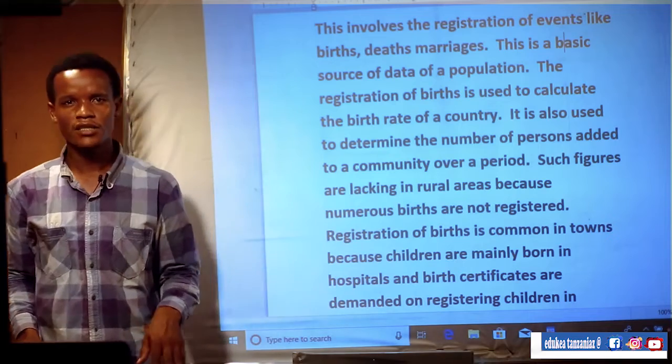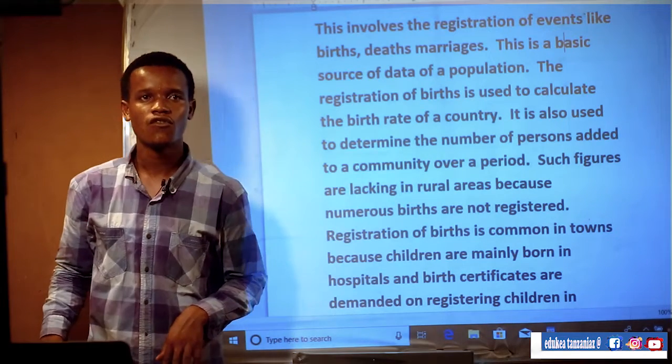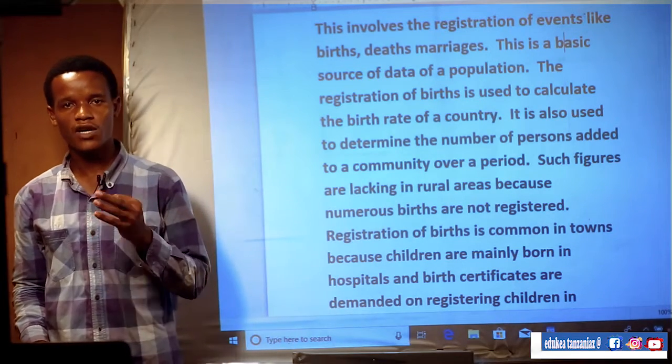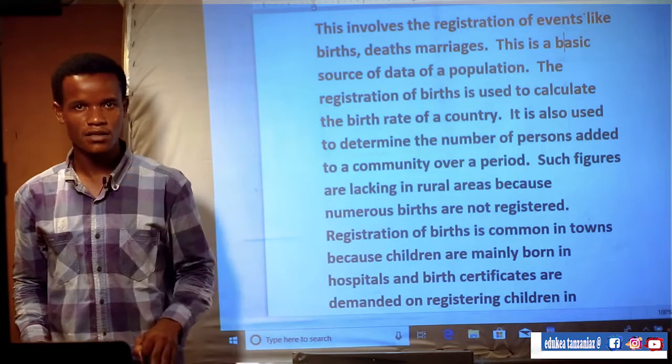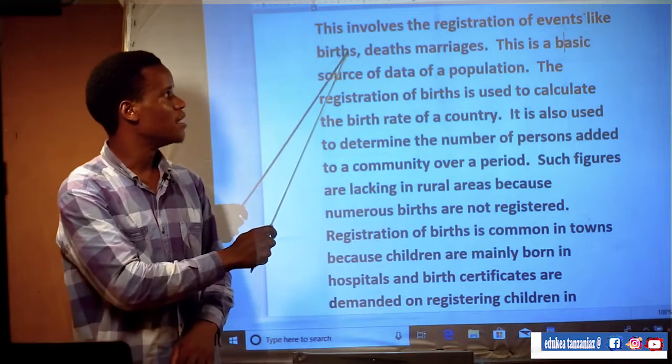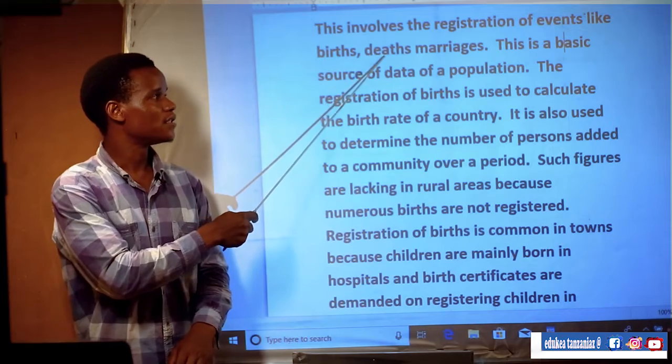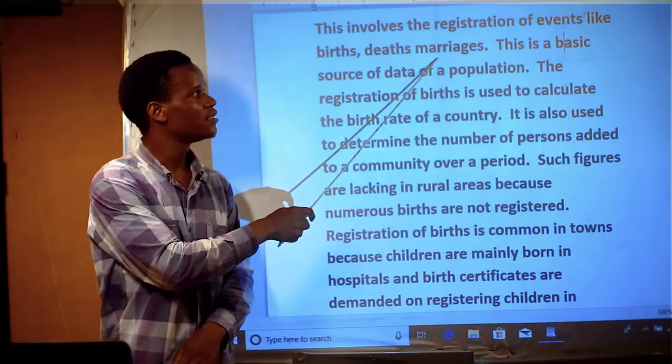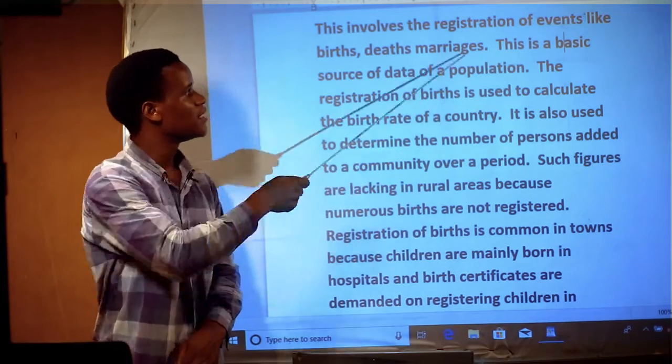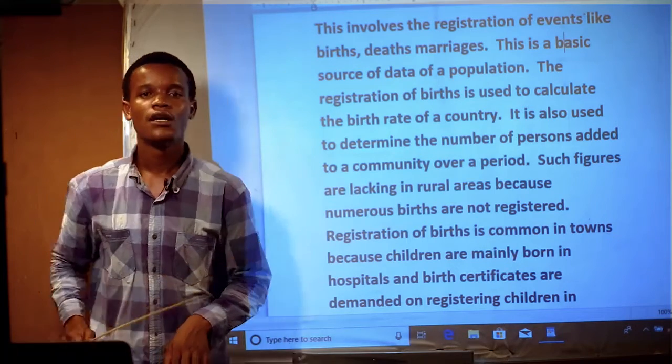In vital registration, as a source of population data, we focus on three things: the first is birth, the second is death, and the third is marriage. This is a basic source of population data.